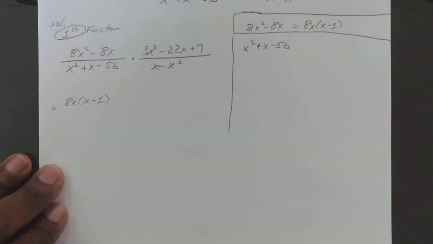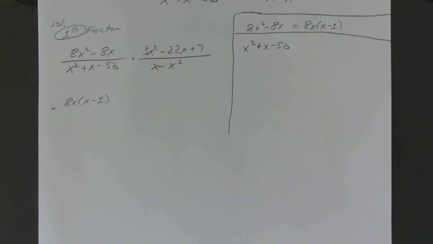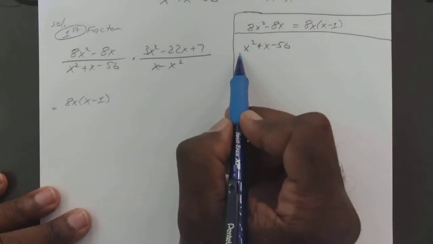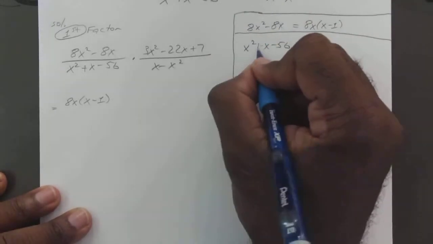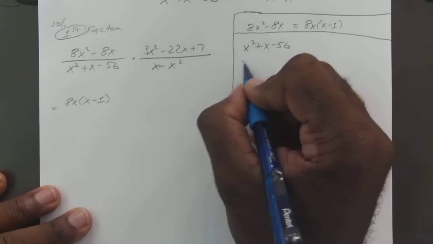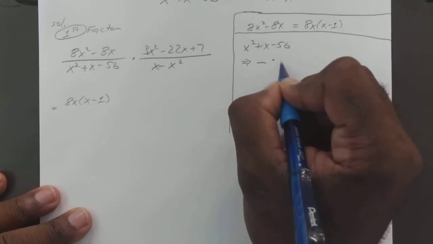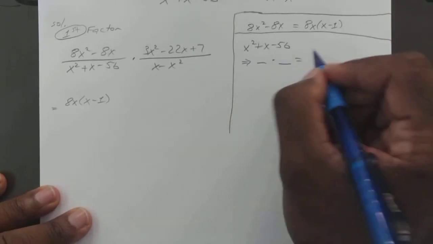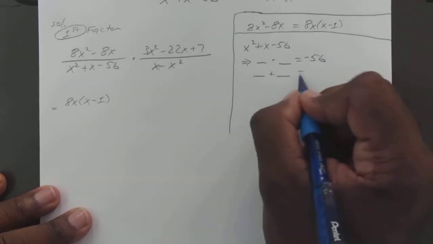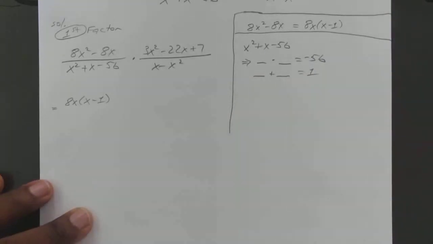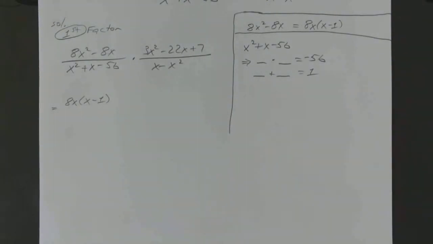And this one, that's one of the less complicated factoring problems, because all you have to do when there's nothing in front of the x squared is find two numbers that multiply to equal your c, and those same two numbers add to equal your b.